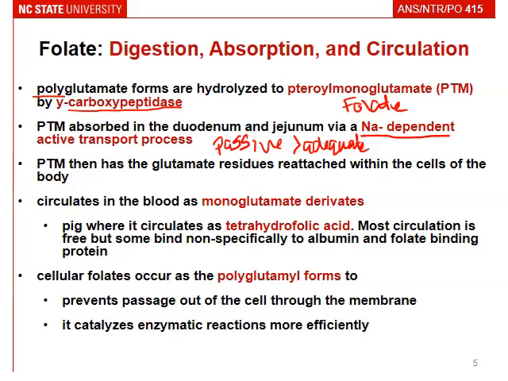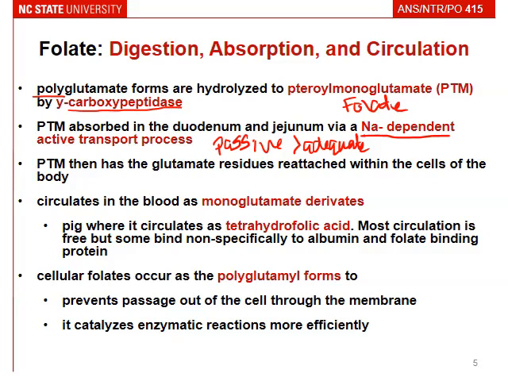Once we're inside the cells, we reattach the glutamate residues to form our THF, and it circulates in the blood as our monoglutamate derivative, so we only have one glutamate. In the blood, it can circulate as THF, and most circulation is free, but we do have some non-specific binding to albumin, and we do have some folate binding proteins.